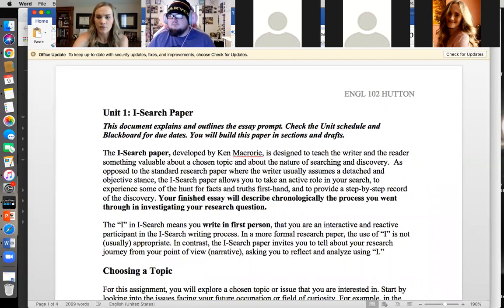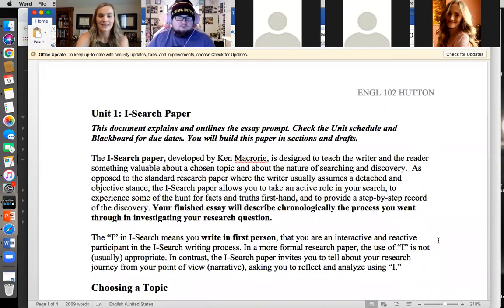Okay, again, for this paper, this is an exploratory paper. It is not a traditional research paper where you simply do some research and regurgitate what you learned. Okay, that's not what this is. Instead, you are telling the story of your research process, right? We have a couple of goals with this paper.